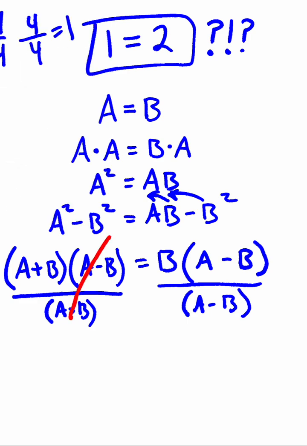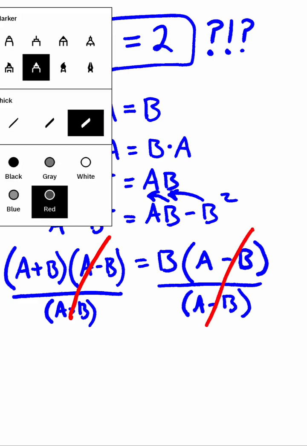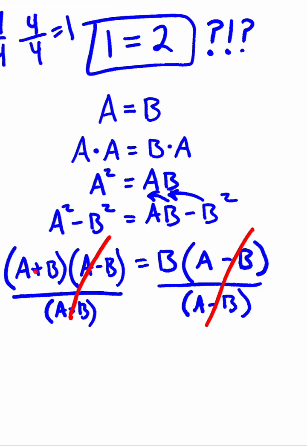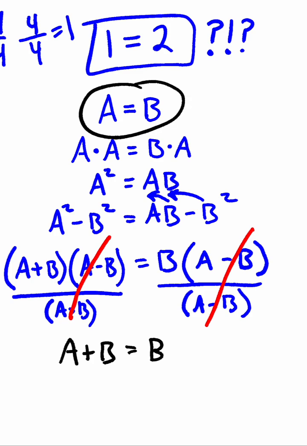So those cancel out. And on the right side, those cancel out. And now we're starting to reduce this to our final sauce. On the left side of the equation, we have A plus B. And on the right side of the equation, we're left with just B. Okay, now we're almost done. So remember that A equals B. That's how we defined these in the beginning.